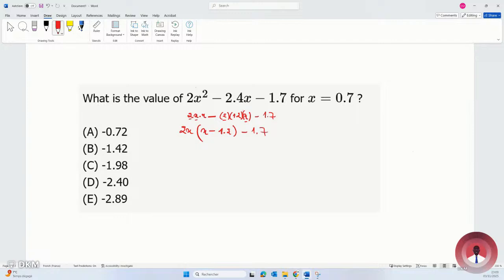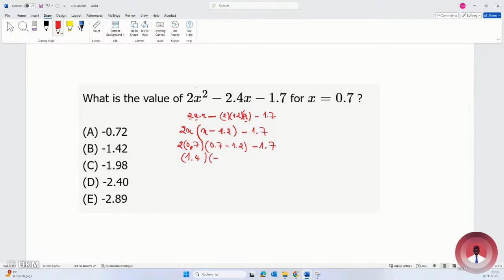One other thing that we can do, we can now replace x with 0.7, okay? So we have 2 factor of 0.7 and 0.7 minus 1.2, minus 1.7. 0.7 times 2 is actually 1.4 factor of minus.